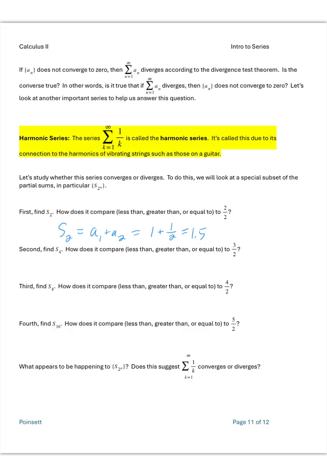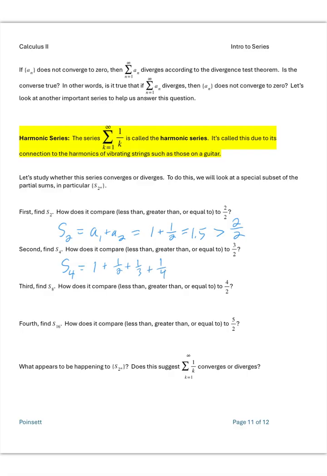Well, of course, 2 over 2 is 1, so our 1.5, or our second partial sum, is greater than 2 over 2. Let's now take a look at s sub 4, which of course is the sum of the first 4 terms of the series. So s sub 4 is equal to 1 over 1, which is 1, plus 1 over 2, plus 1 over 3, plus 1 over 4.